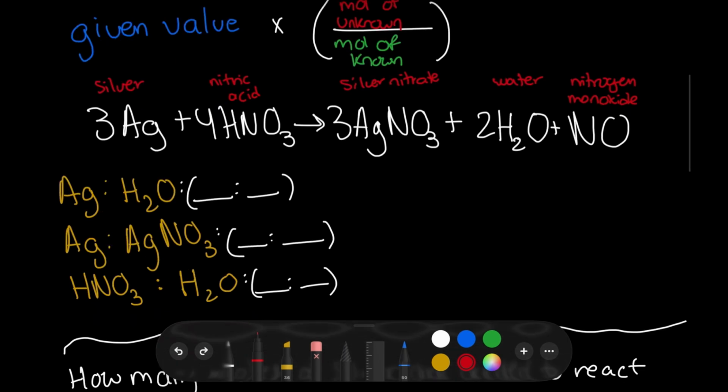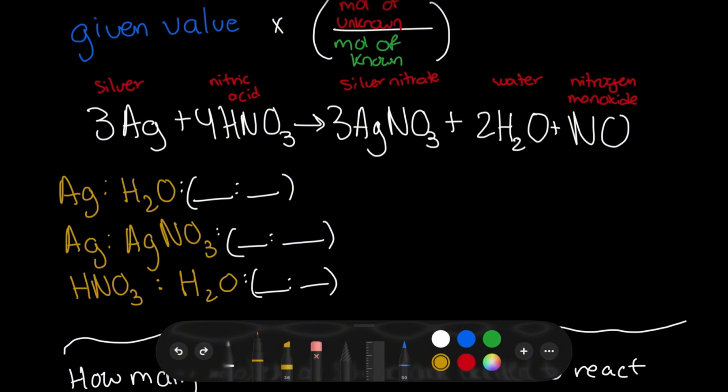So here we have silver, nitric acid, silver nitrate, water, and nitrogen monoxide. It's asking for ratios of specific moles to other moles. First it asks for silver to water.